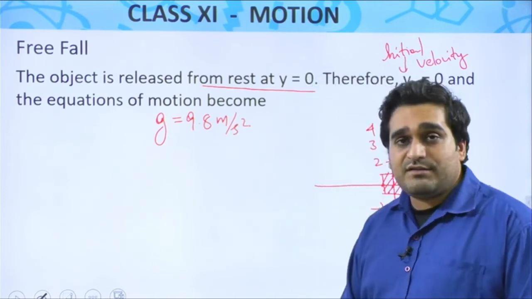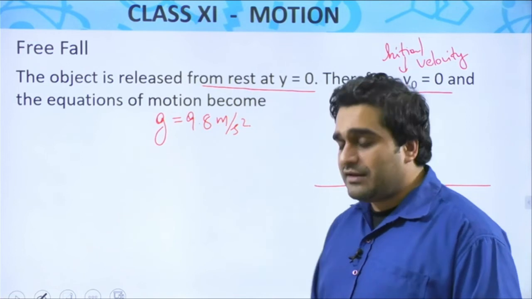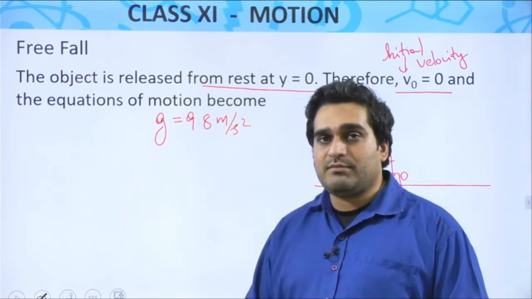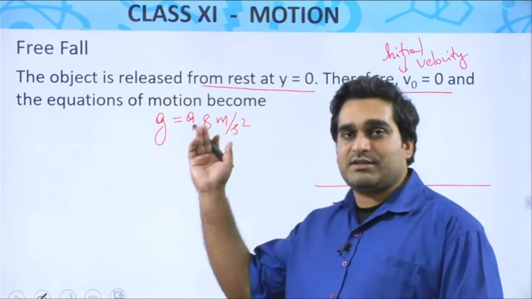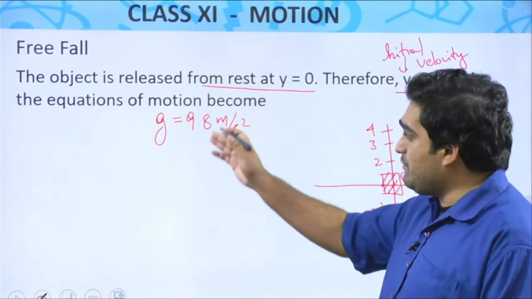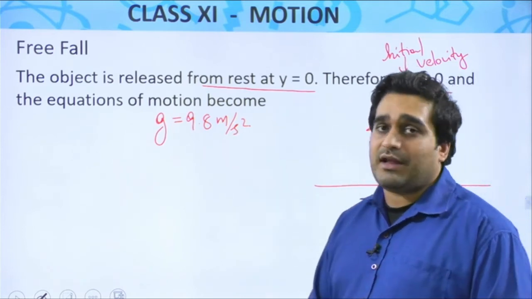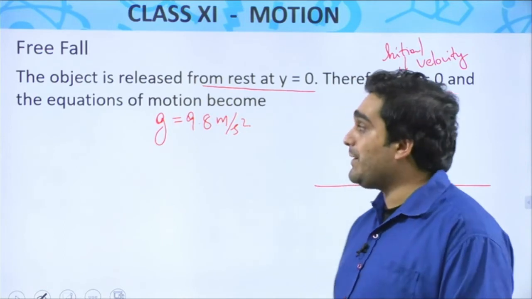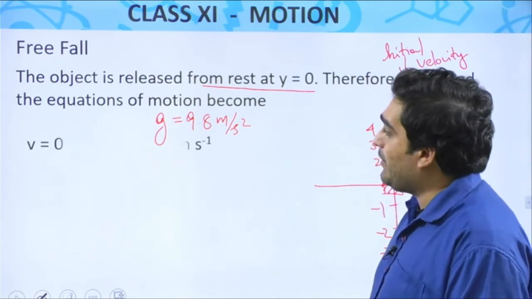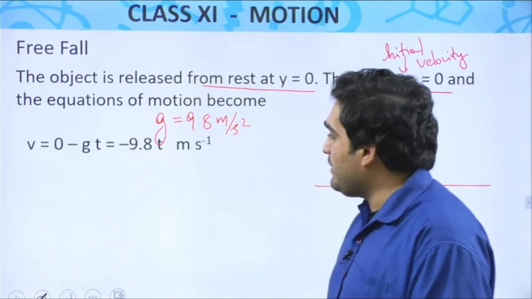How will you identify this? You will soon be conducting an experiment called simple pendulum. There you determine the acceleration due to gravity, the g value, which is roughly about 9.8 meter per second square. All right, so same thing that's mentioned here.